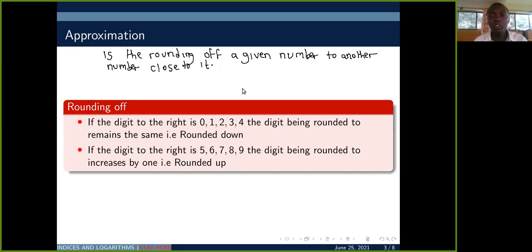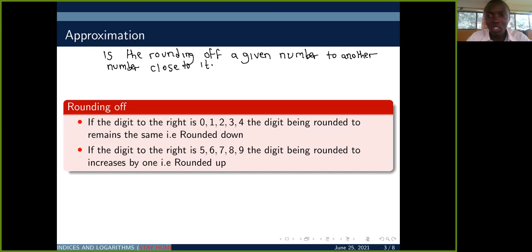So approximation involves rounding off a number to a number that is very close to it. Here we look at the accurate number and then we round it either down or upwards, but our answer must be very close to it.